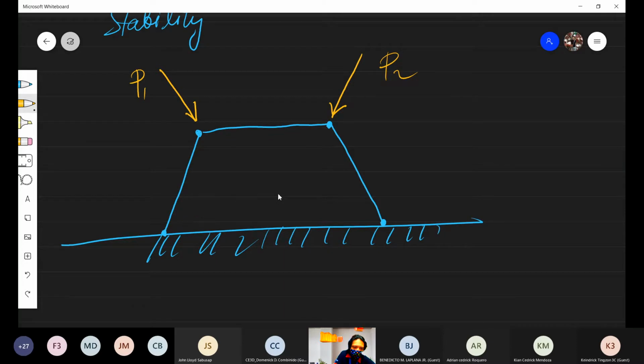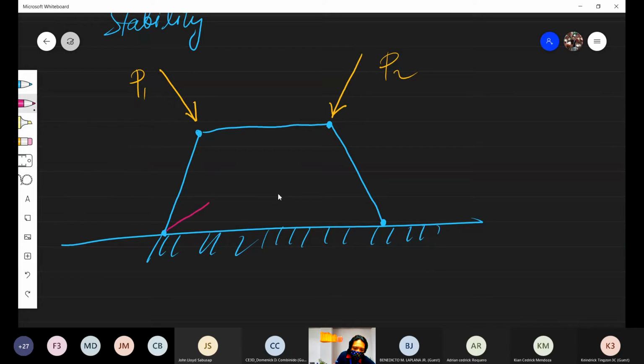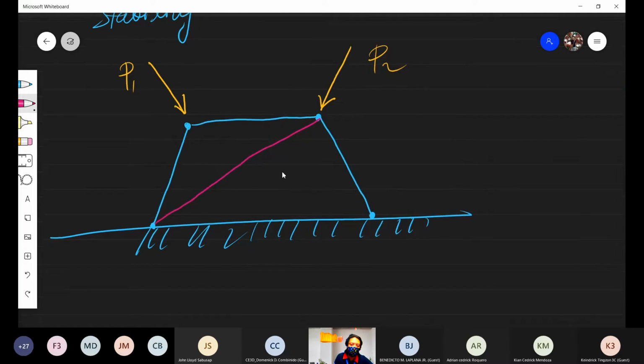Let me use another color. If we put another member here, so what happened? It became like this. Now, do you think if there are small changes in P1, the position of this point will change? Because if this moves, the tendency is this point also has to move, which is very possible because this is the support.